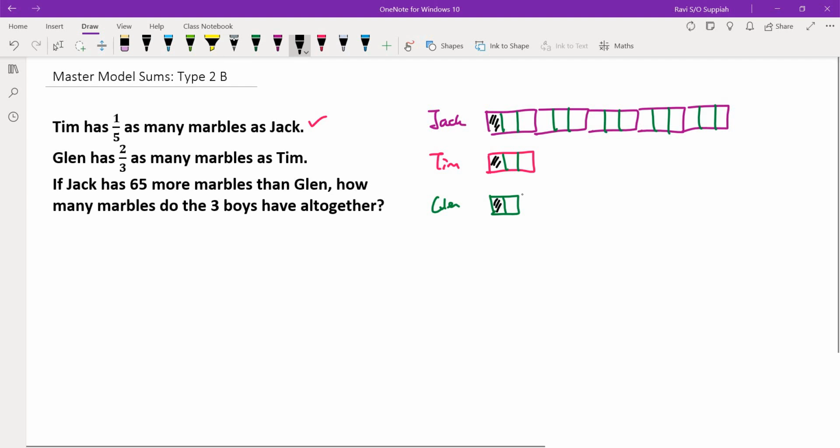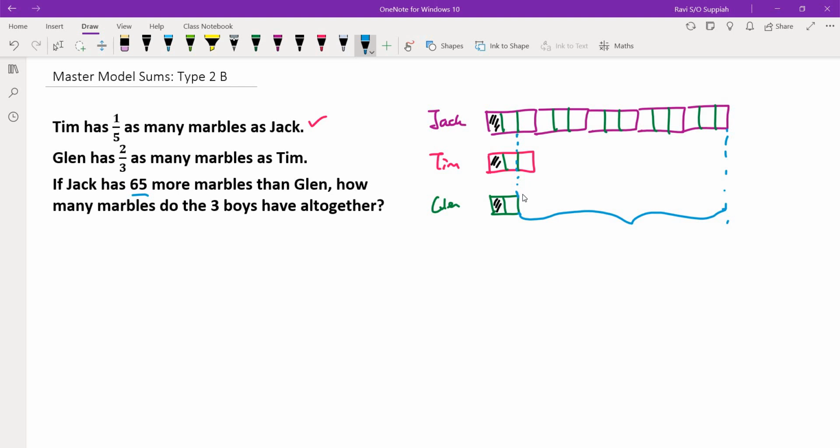What we are told is Jack has 65 more marbles than Glenn. For Glenn, this is the point where it ends, and for Jack, it is over here. That means from this point all the way to this end over here, it is a total of 65 marbles. Once you have this information, you can calculate the number of marbles that 1 block represents.